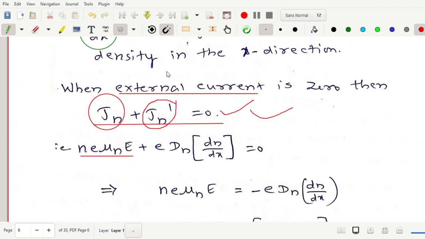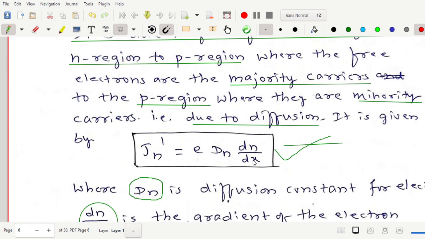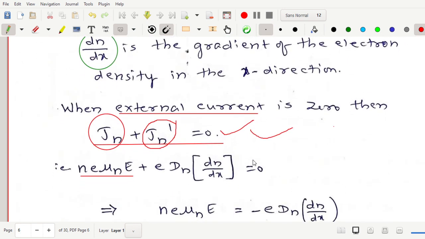Now the value of Jn dash is e Dn dn by dx, which is substituted here. From here onwards, it is just mathematical steps.